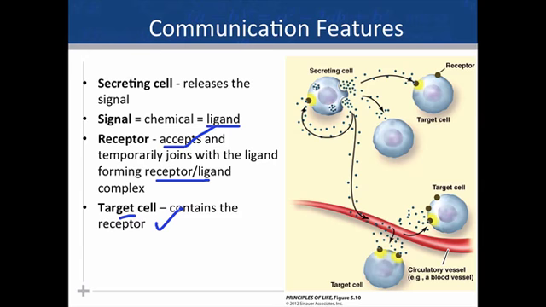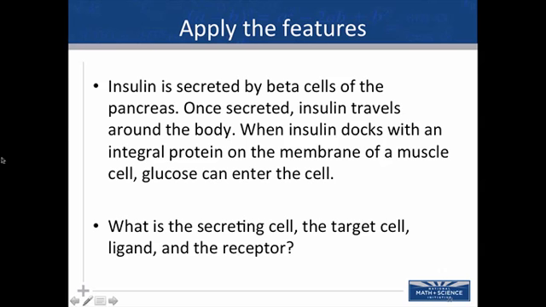That's the cell that is going to respond to this particular signal or communication chemical. So those are terms that you need to be able to write about, to discuss, and have a clear example in your head in this classic signal transduction kind of pathway of how a cell can communicate with another.